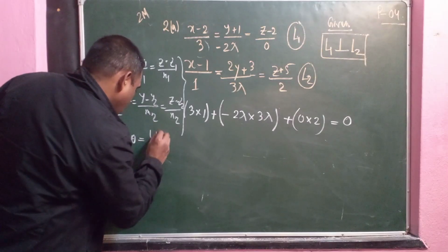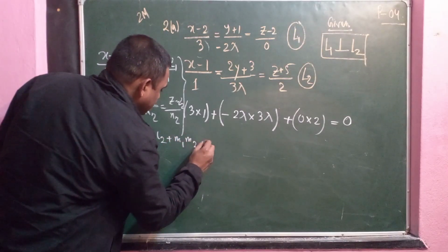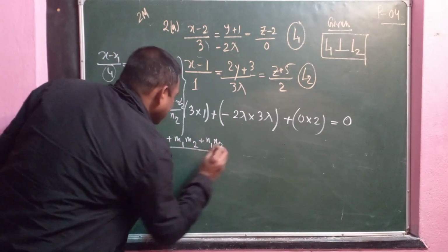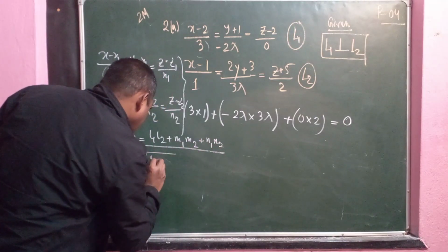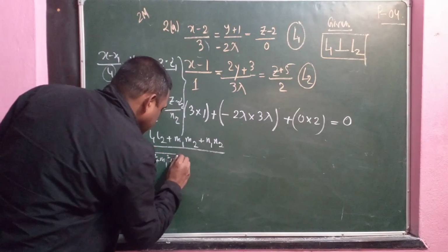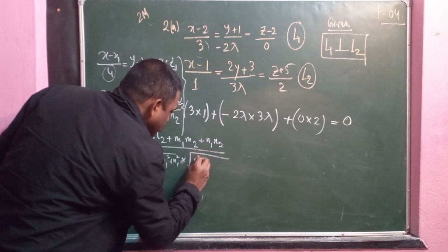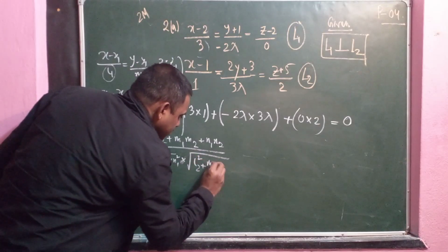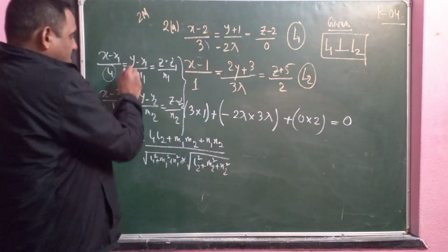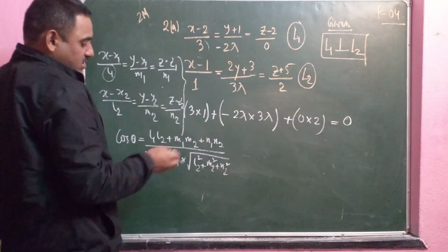Cos theta will be (L1 L2 plus M1 M2 plus N1 N2) by root over (L1 square plus M1 square plus N1 square) into root over (L2 square plus M2 square plus N2 square), if theta is the angle between these two symmetric lines in 3D.